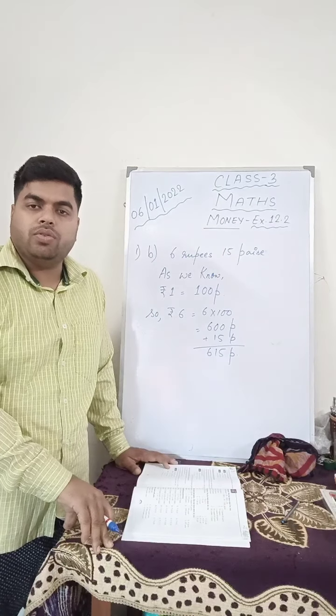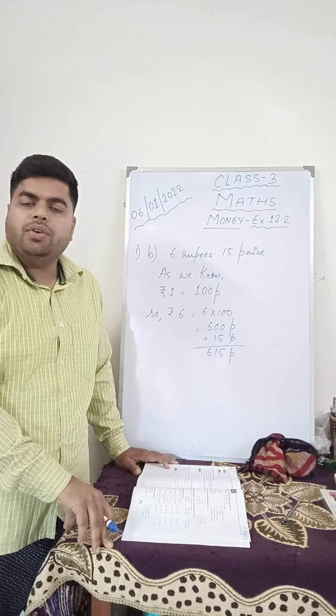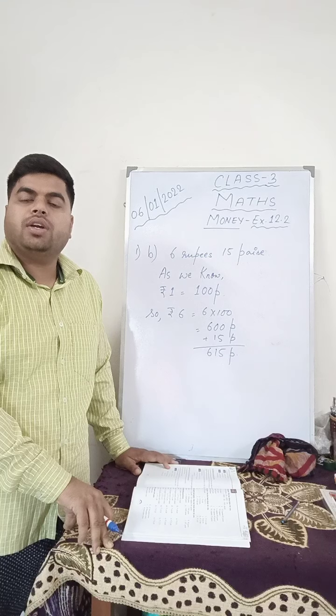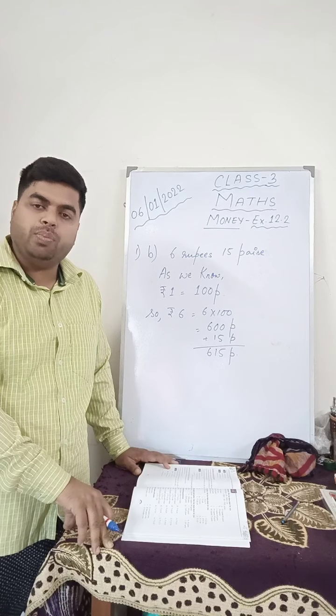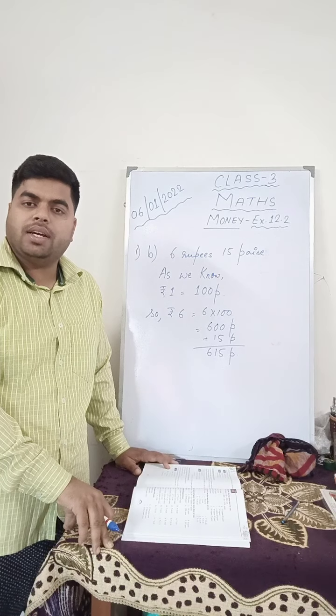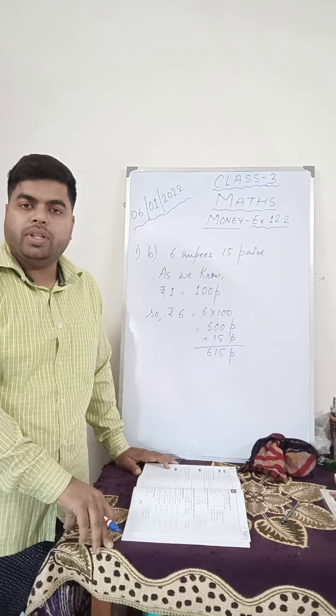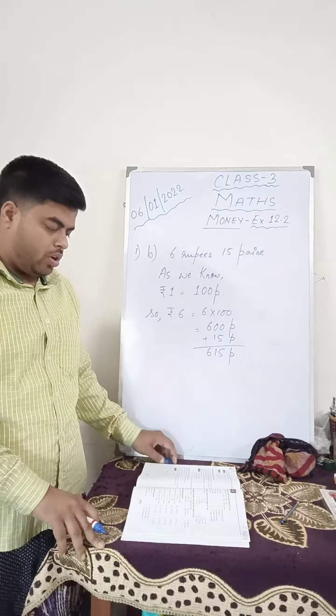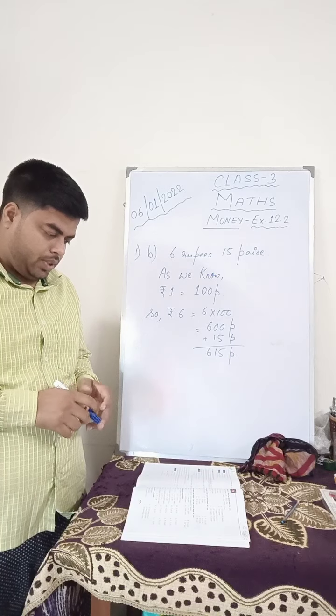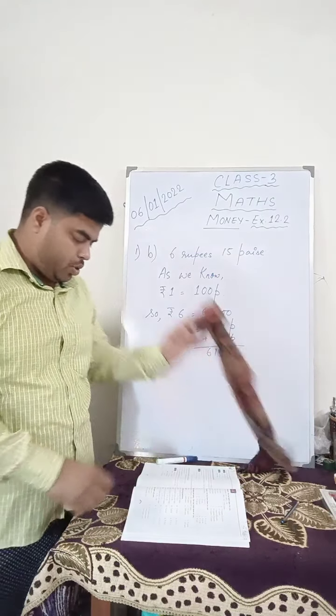This is how you have to do. If they give you rupees and paisa, just convert the rupees into paisa by multiplying the rupees by 100, and then whatever paisa they give you, you add that along with the conversion and you will automatically get the answer.